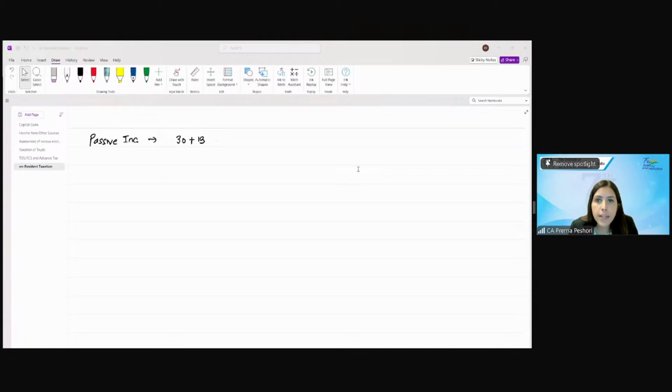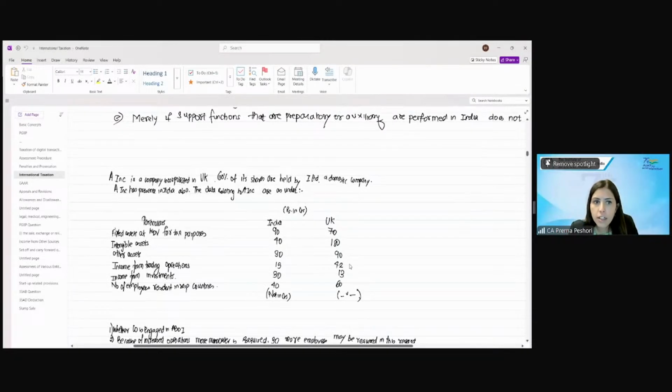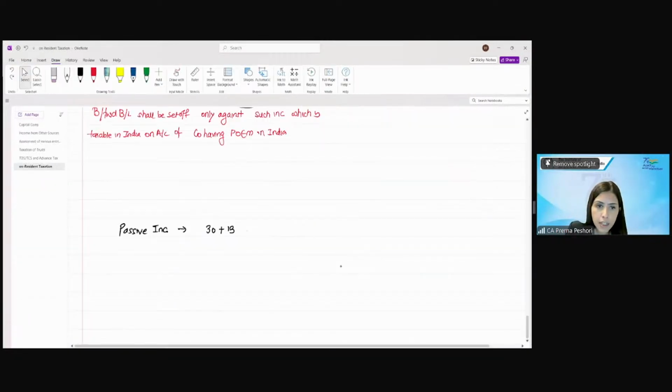What is the total of my active income? Yes, students. So this will be 15 plus 42, right? Divided by 15 plus 42 plus 30 plus 13.